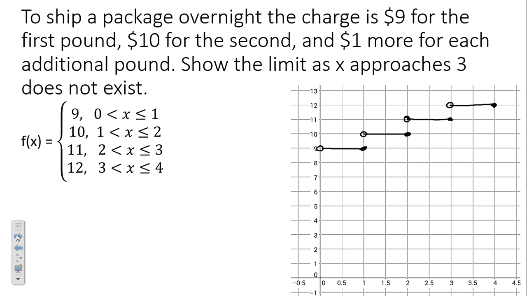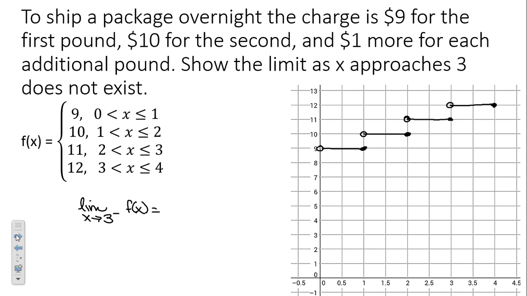So we've got our graphical representation. What is the limit as x goes to 3 from the left? $11. From the left-hand side, as x is approaching 3, we're at $11.